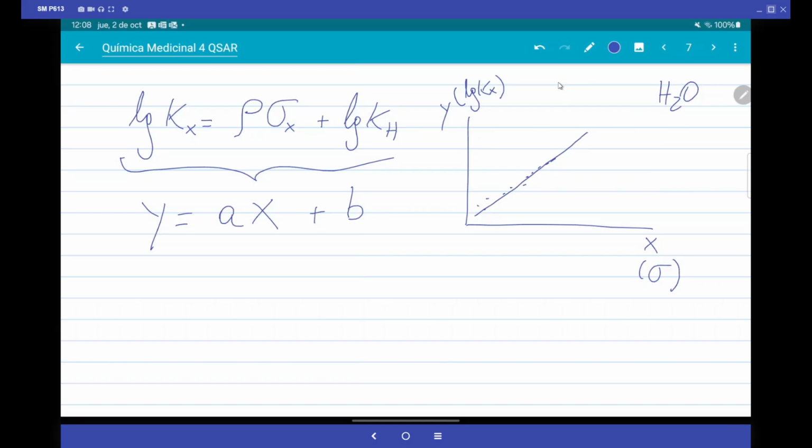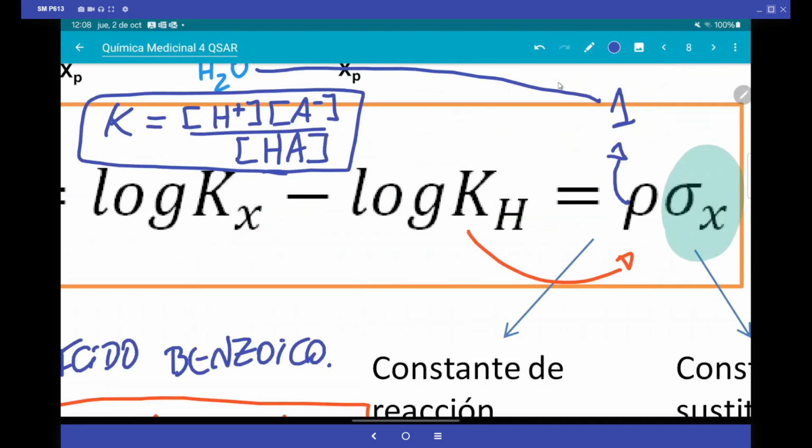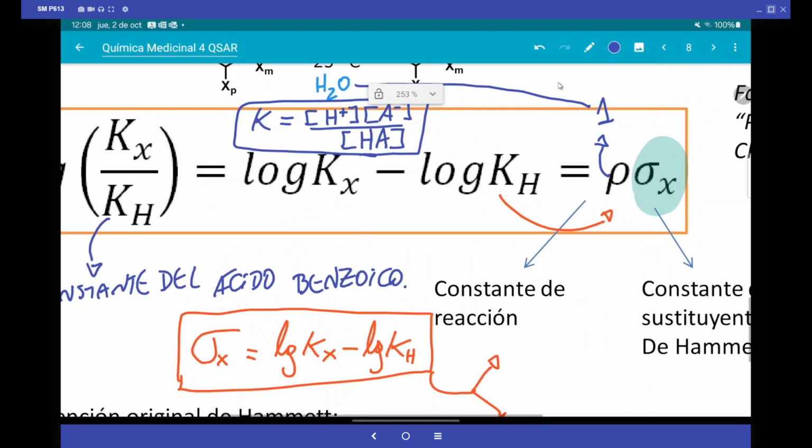Then we can now return to our point to finish here. The idea, and this is the question that I am going to ask you now: sigma sub x can be positive or can be negative. What does it mean in each case?